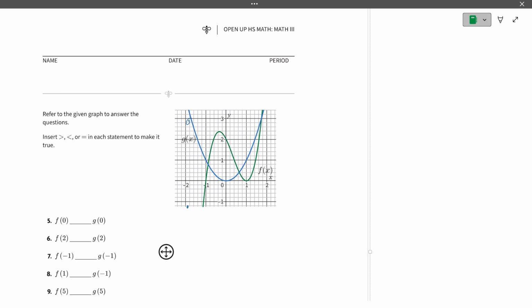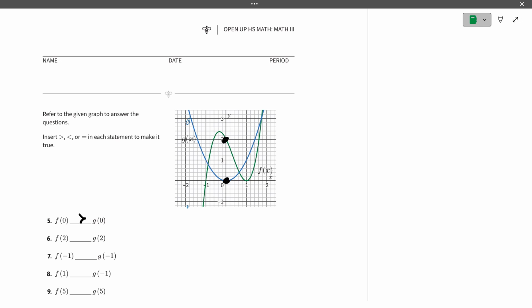When the blue graph is vertically above the green graph, it suggests that the value of the blue graph is greater than the value of the green graph. So on the first problem, f at 0 and g at 0, the green graph is above the blue one. F is the green one. F at 0 is going to be greater than g at 0.